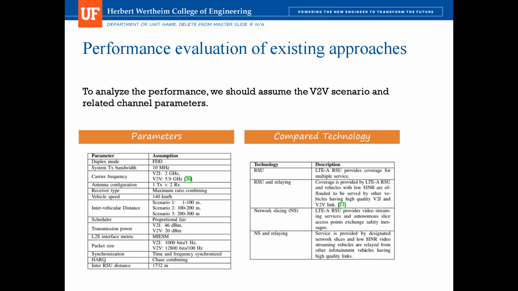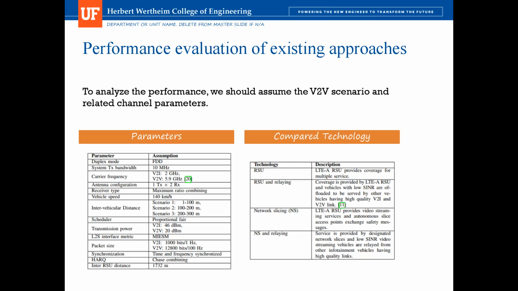And also here we build some technologies to compare with each other to evaluate the network slicing efficiency. First, we should have the roadside units. It is a normal thing we need to compare with, and we're going to compare the roadside units with roadside units and relaying. With the relaying and the roadside units, it will show the high quality of V2I and V2V links.